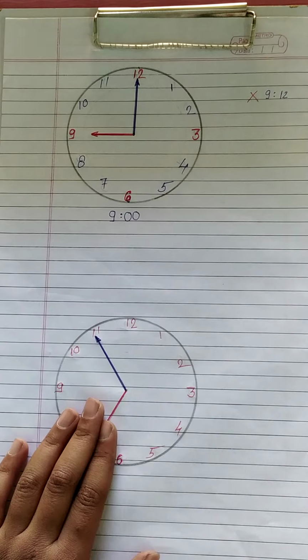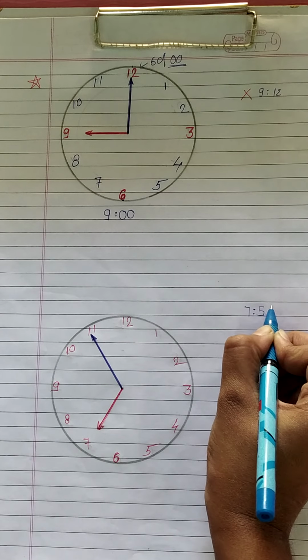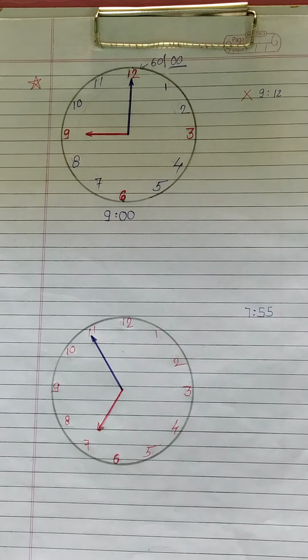Now in this, what I can explain to you is, see, some of you may say 7:55. So you are again completely wrong. It has not gone before 7. It's not here that it will quickly go to 8 o'clock.